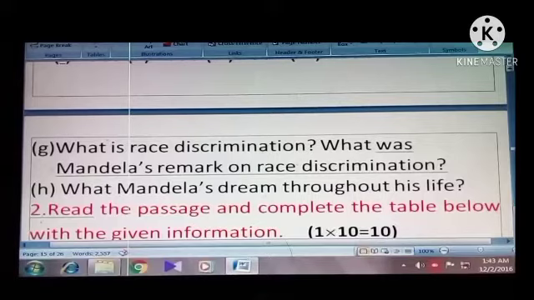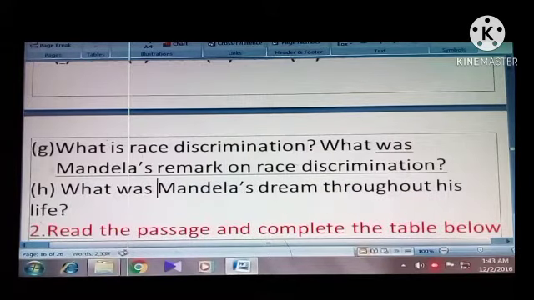What was Mandela's dream throughout his life? The question is here: what was Mandela's dream throughout his life?